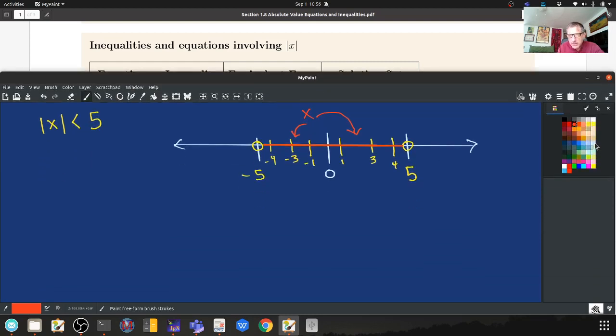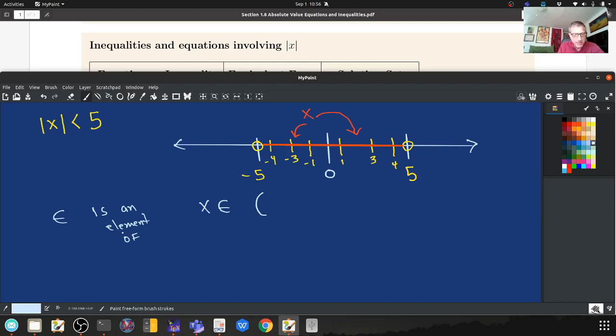And hence, reading off our interval notation, we have that x, remember the symbol means is an element of. I will use it on occasion because it's just shorthand.